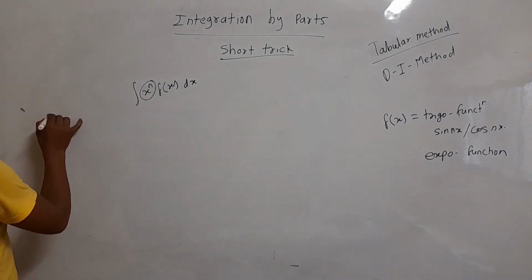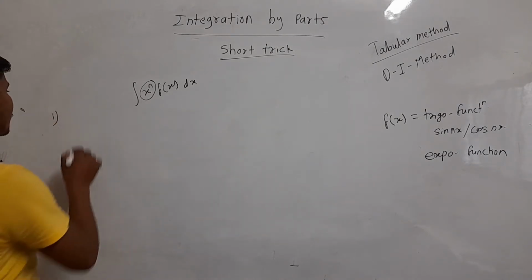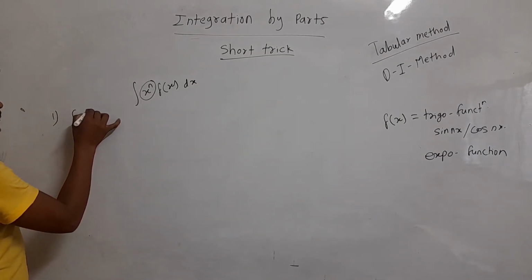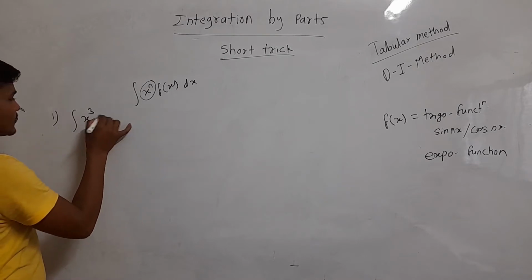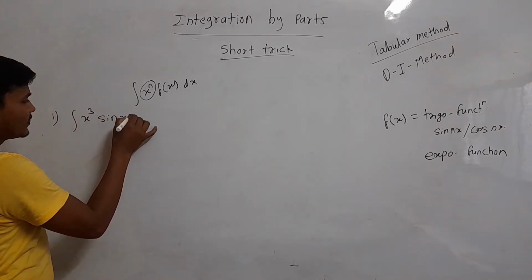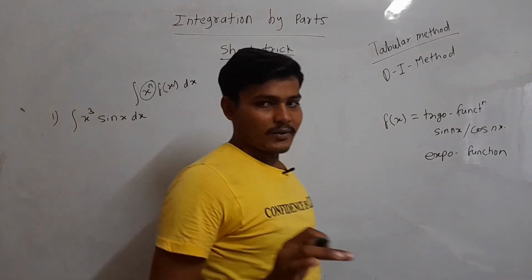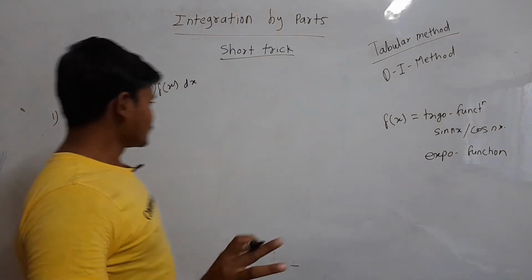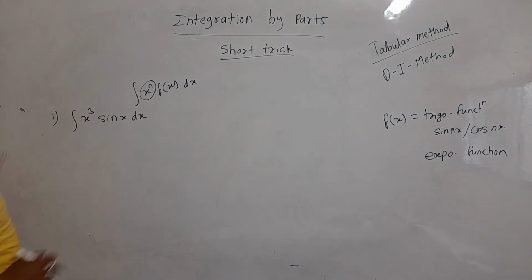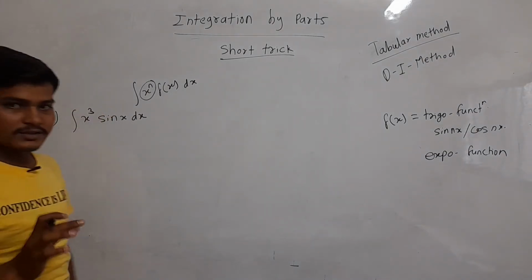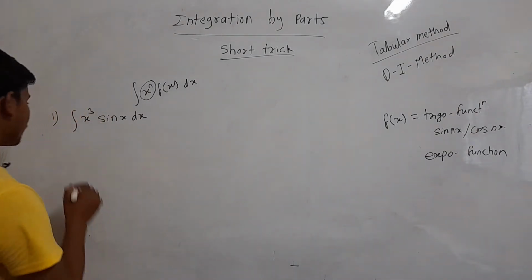We have the first example, integration of x raised to 3 into sine x dx. Now, what do we have to do? We have to differentiate the polynomial term until 0.